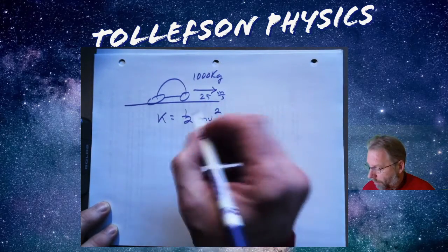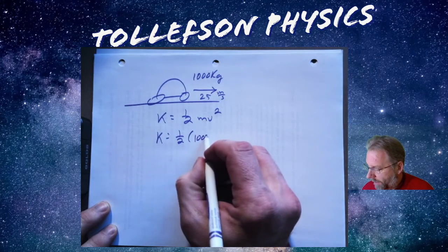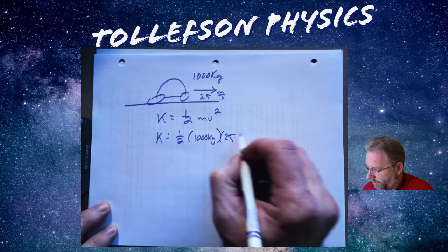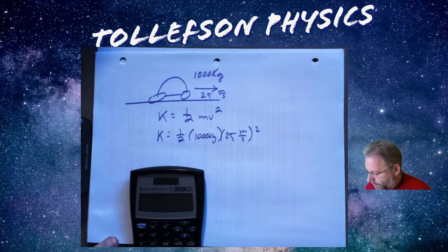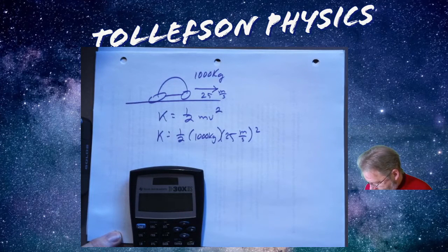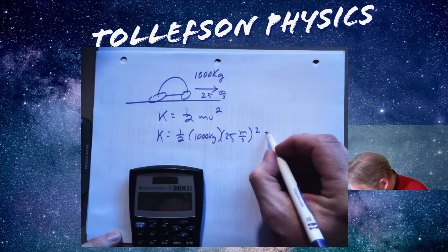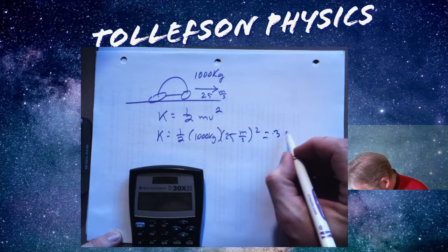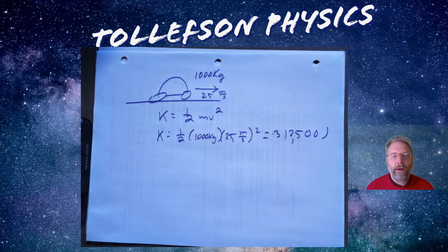So I plug in 1,000 kilograms and 25 meters per second, squared. On the calculator, 0.5 times 1,000 times 25 squared gives a value that's quite large: 312,500 joules. That's just from its motion.